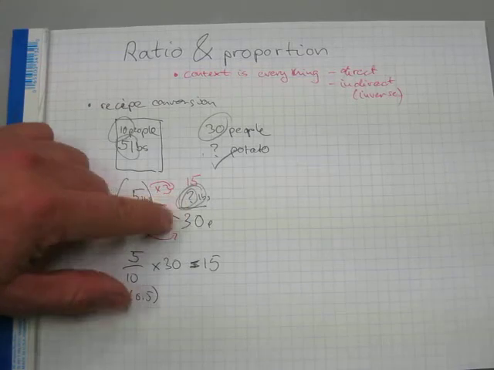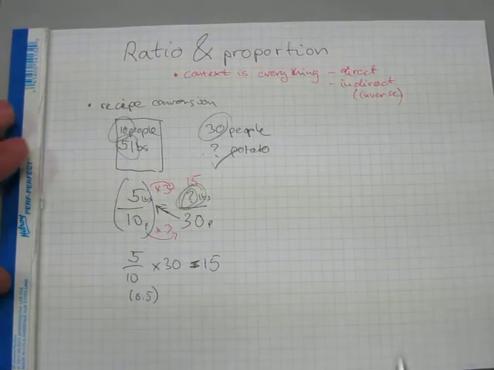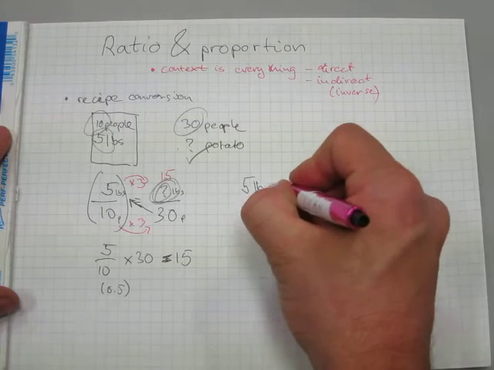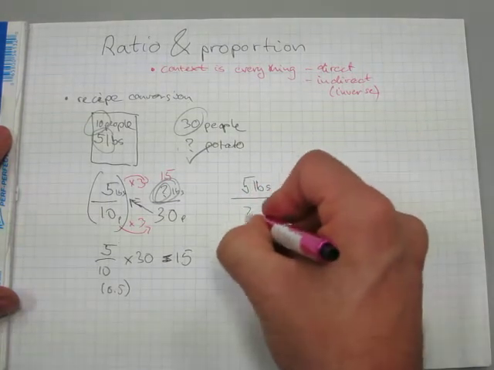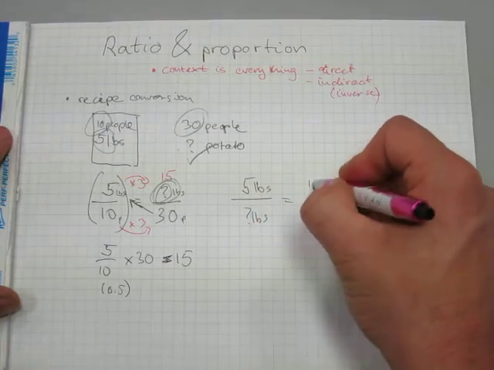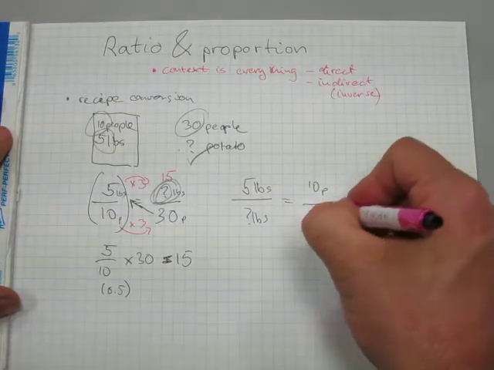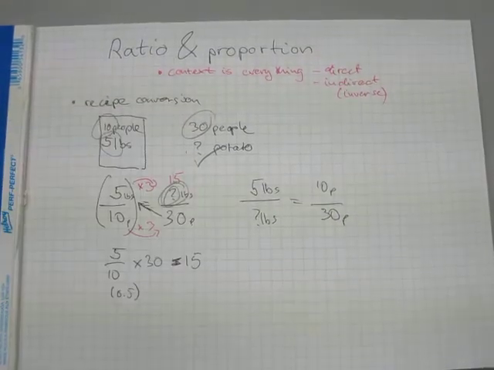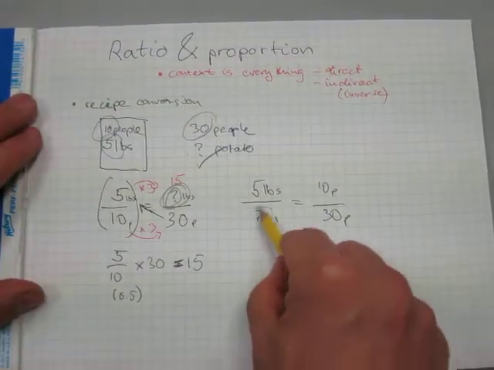If you end up with the unknown amount written up last, you could have written, for example, the 5 pounds is proportionate to the unknown amount of pounds, because the 10 people is proportionate to the 30 people. Now you have the unknown amount in the denominator.